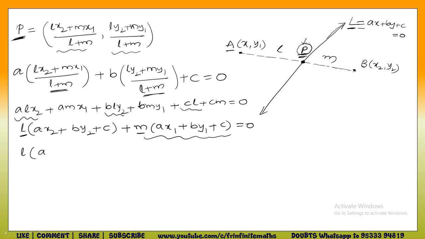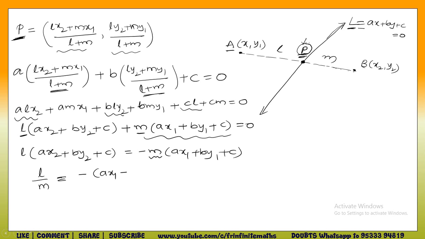Then I can write L into (ax2 plus b y2 plus c) is equal to minus m times (ax1 plus by1 plus c). Since I need L is to m, I can write it as L by m. So this m I transpose to the left hand side; since it is multiplied, it becomes divided by. So L by m is equal to minus of (ax1 plus by1 plus c) divided by (ax2 plus by2 plus c).